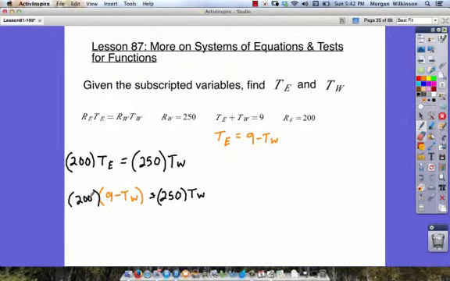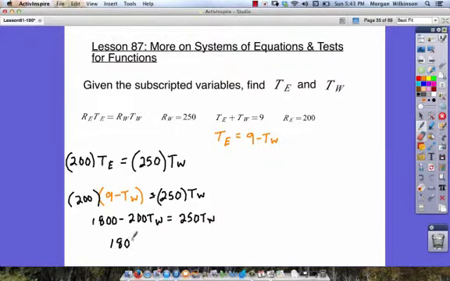We're going to use our distributive property, so 200 times 9 is 1800 minus 200 T sub W equals 250 T sub W. Now we'll add 200 T sub W to both sides.